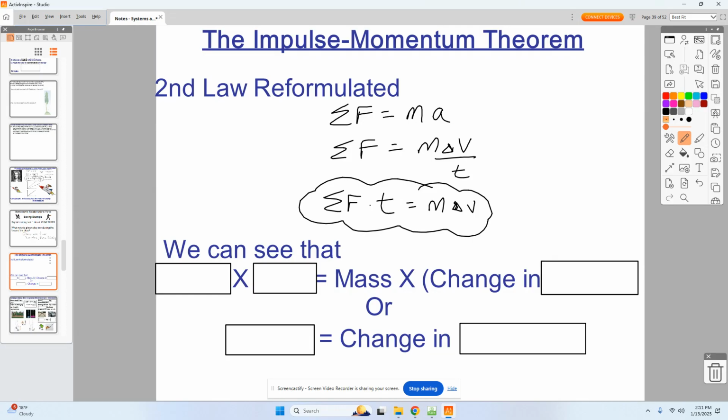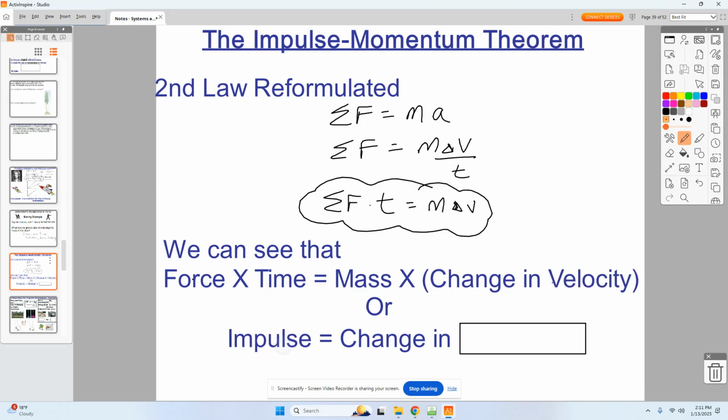This is now what's called the impulse momentum theorem. So it's not work energy, this is impulse momentum. The left-hand side is what we call impulse, force acting through a time interval. Force acting through a time is equal to mass times change in velocity. Another way to say that is impulse, which is the product of force and time, is equal to the change in an object's momentum.